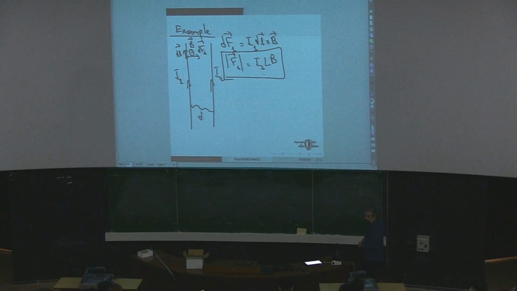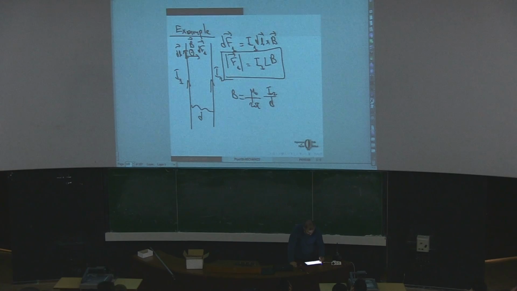Now we already know what B is. For the magnitude of B, we have this infinite wire. We were already told that it is mu0 over 2 pi times I over R. In this case it is d, and the current is I2.